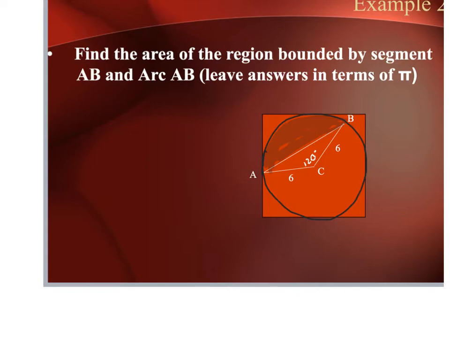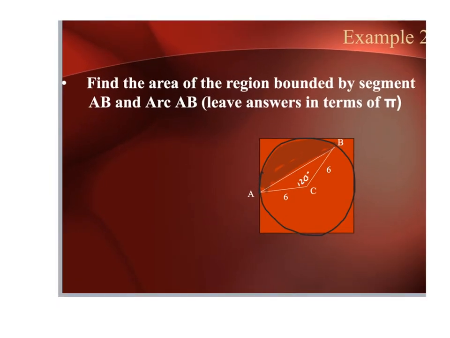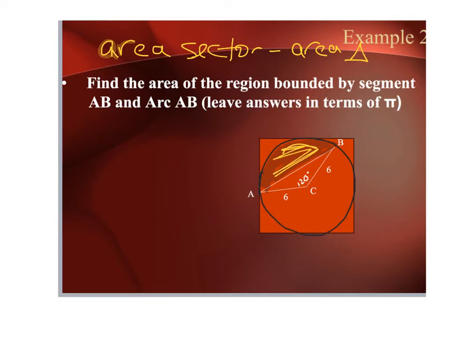So we're going to find the area of the sector, and let me write it, area of the sector, and subtract out area of the triangle. And then that'll give us the piece that I just highlighted here.